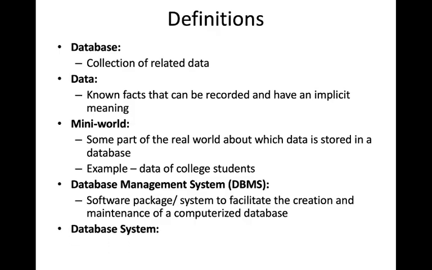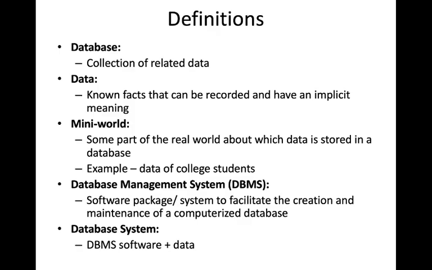Then another definition is a database system. What do you mean by a database system? We have seen database, data, and DBMS. Next is database system. A database system means database management software plus the data. If we store some data in the DBMS software, then the whole system is known as a database system.